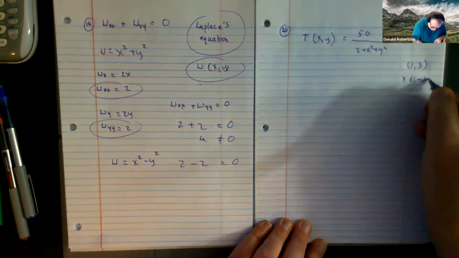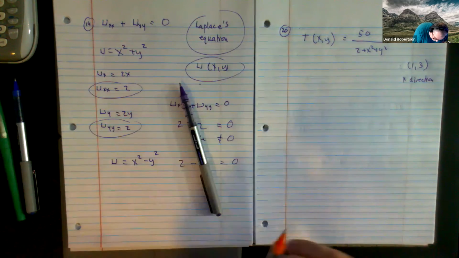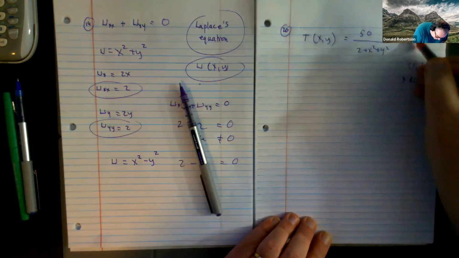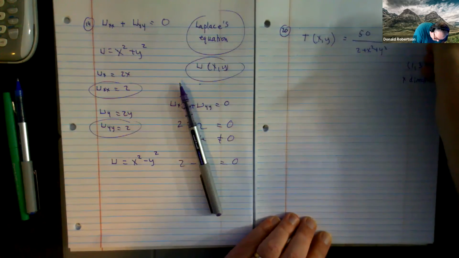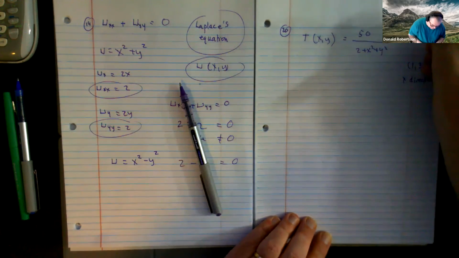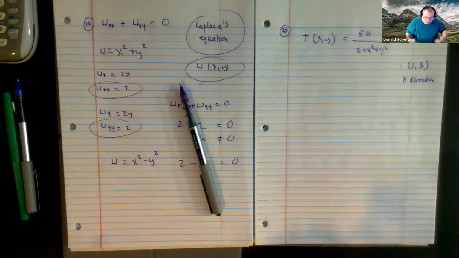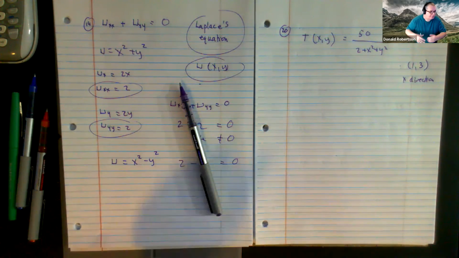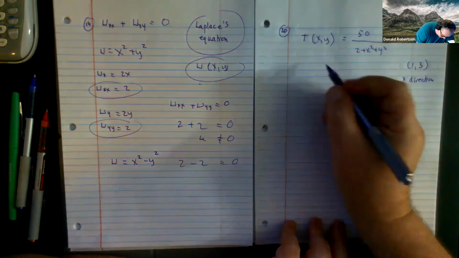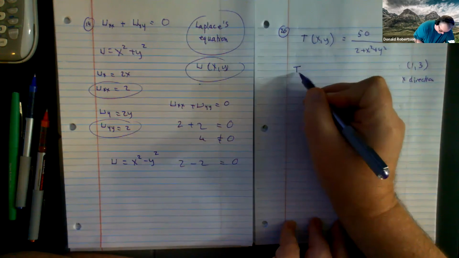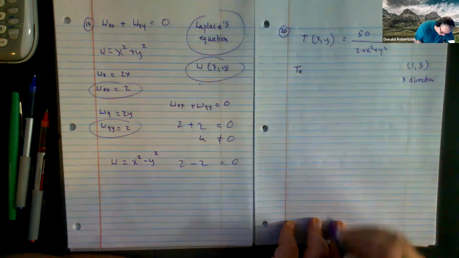Can you imagine that you put in your x-axis and your y-axis, and you had the point (1, 3), which is probably about here, and you're traveling in that direction. What is the rate of change? How's the temperature changing as you travel to the right, for instance, in the x direction? So I'm going to find the partial derivative with respect to x, and then I'll evaluate it at (1, 3).